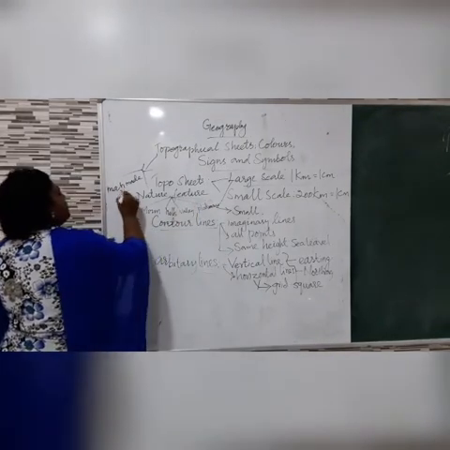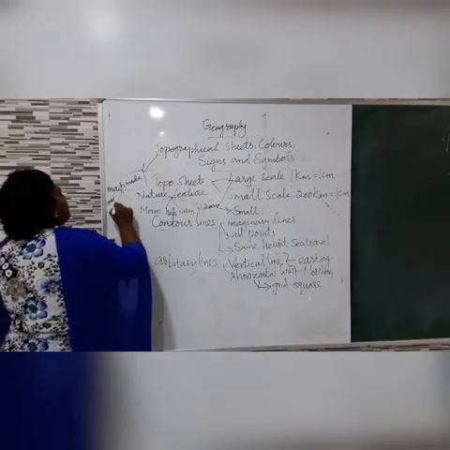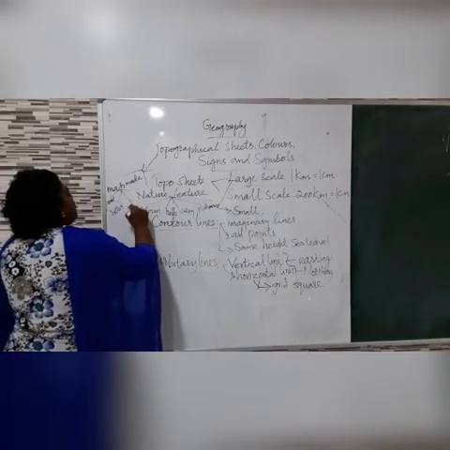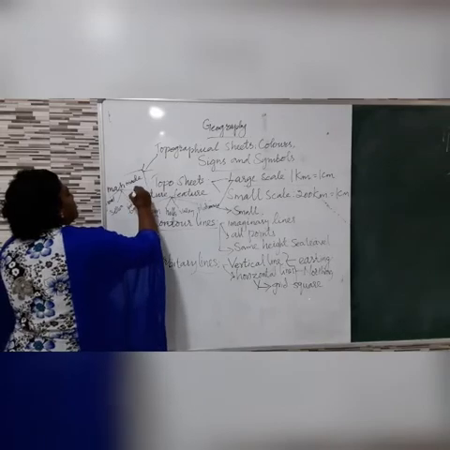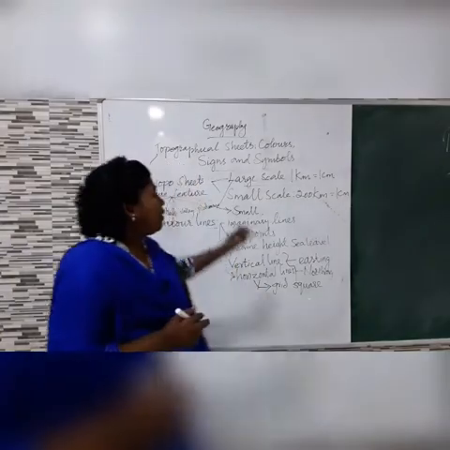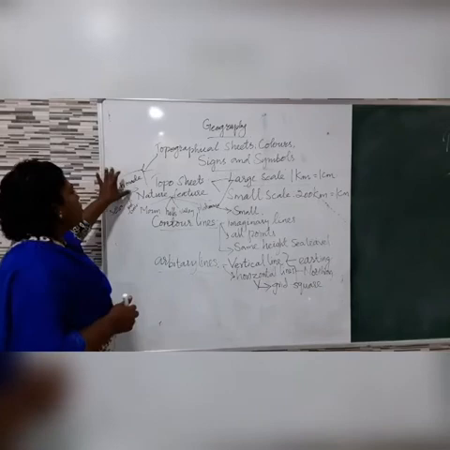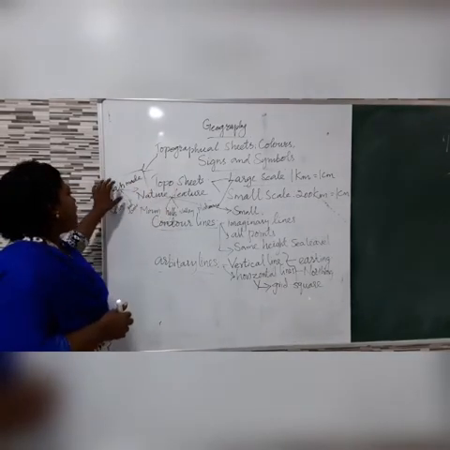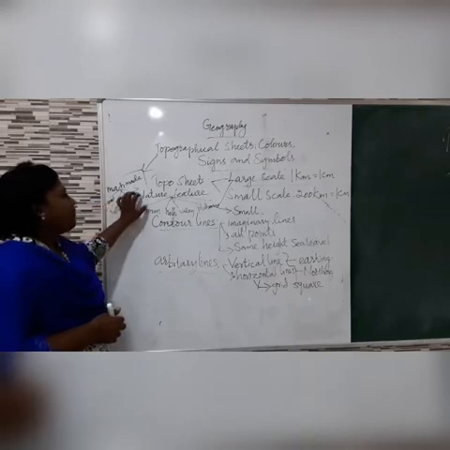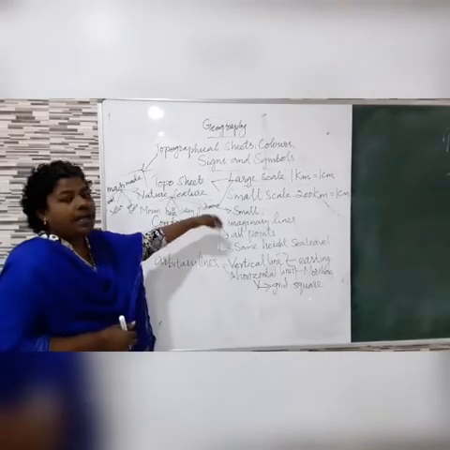Man-made objects like roads, settlements, railway tracks, and different other things which are made by man. So what are the uses of topographical sheets? It helps us to find out both man-made objects like roads, railway tracks, settlements, and so on, and natural features like mountains, hills, valleys, and plateaus.